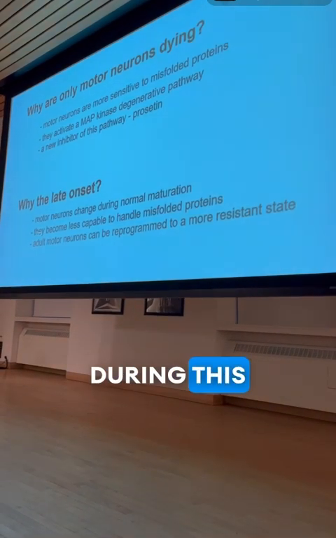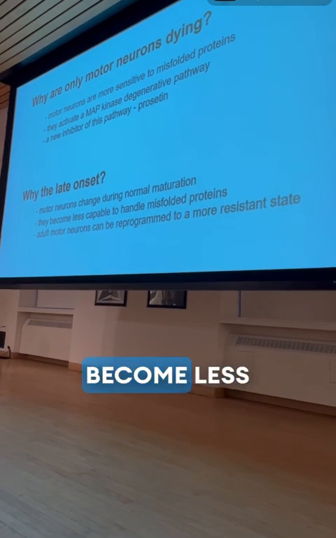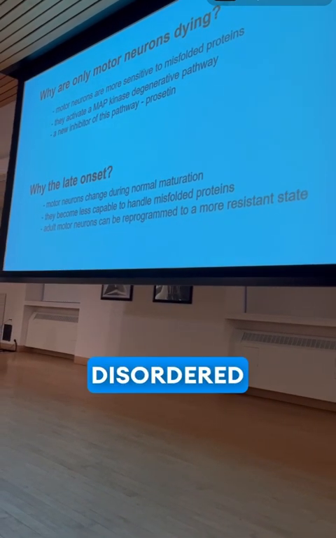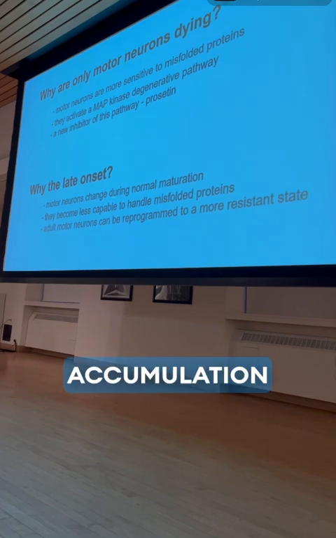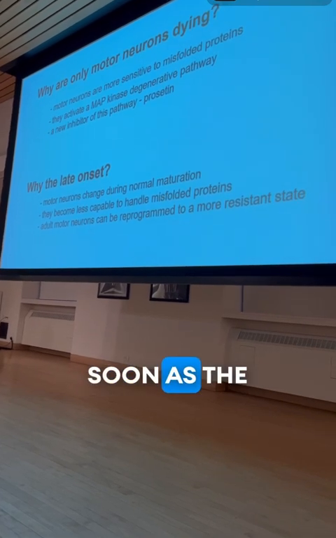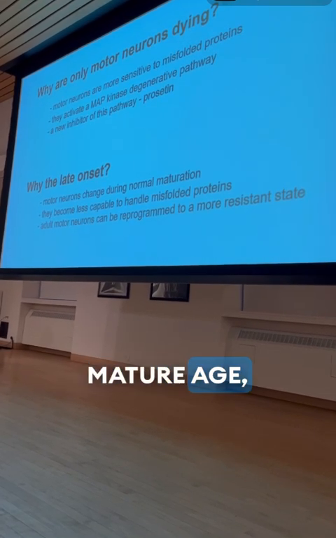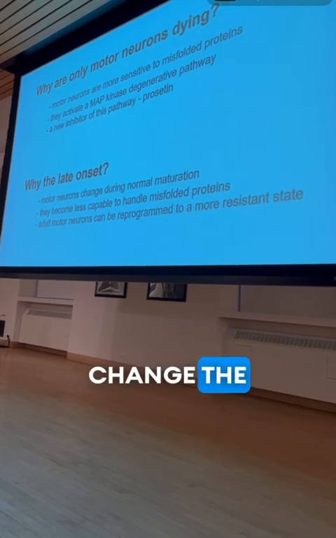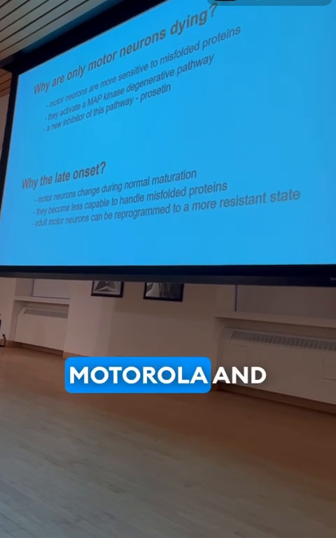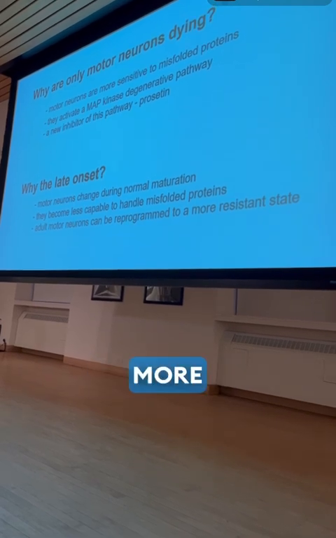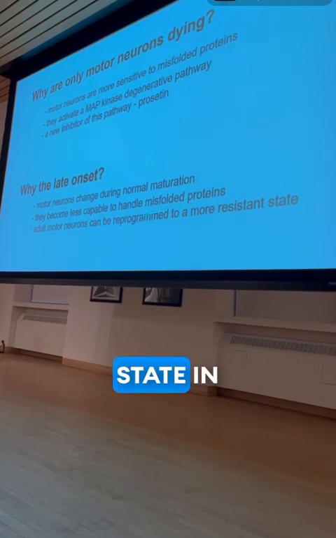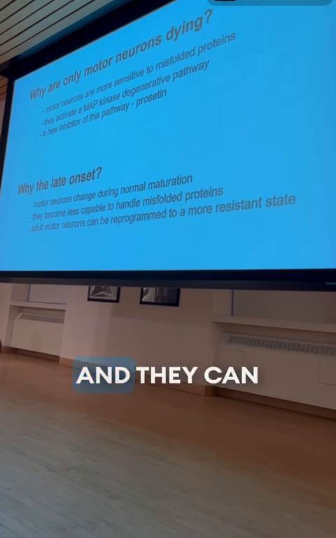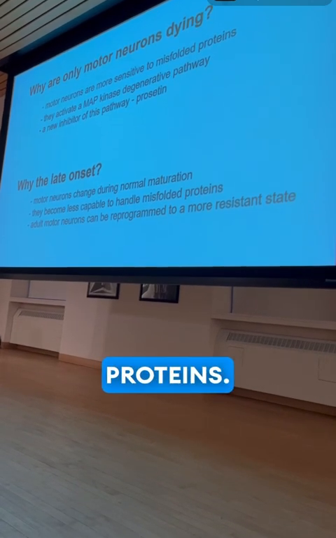And during this process, the motor neurons become less capable to handle misfolded proteins, and you start seeing an accumulation of misfolded proteins as soon as the motor neurons reach the mature age. And we now have ways to change the age status of these motor neurons, to reprogram them into a more immature state, a state in which they are more resistant and can clear the misfolded proteins.